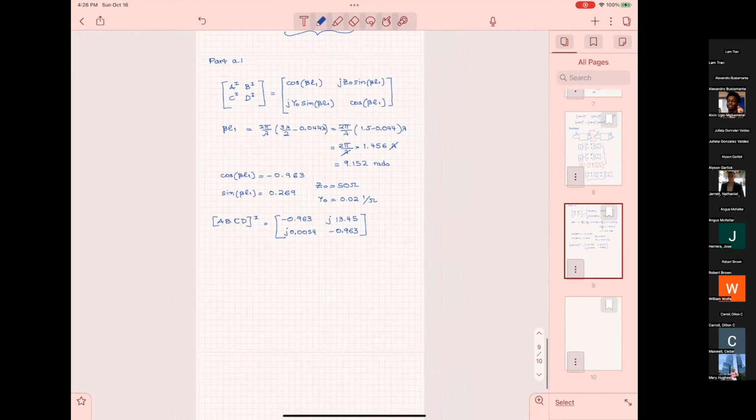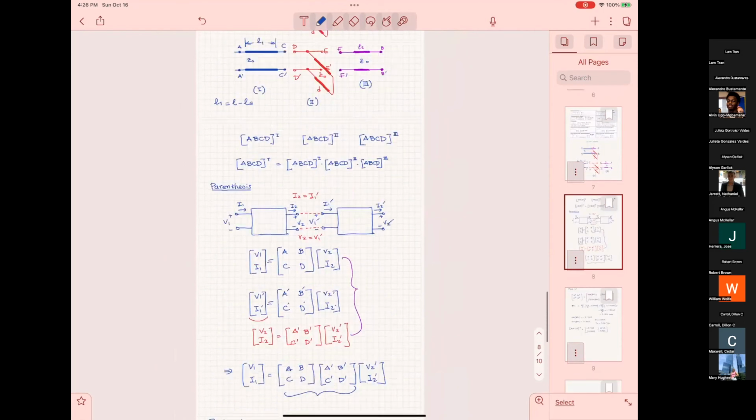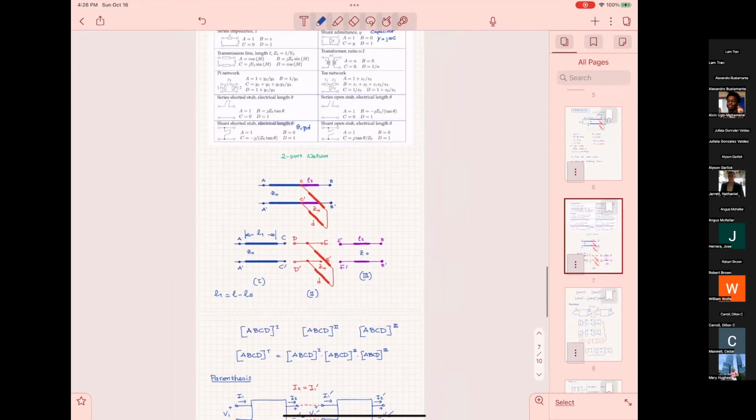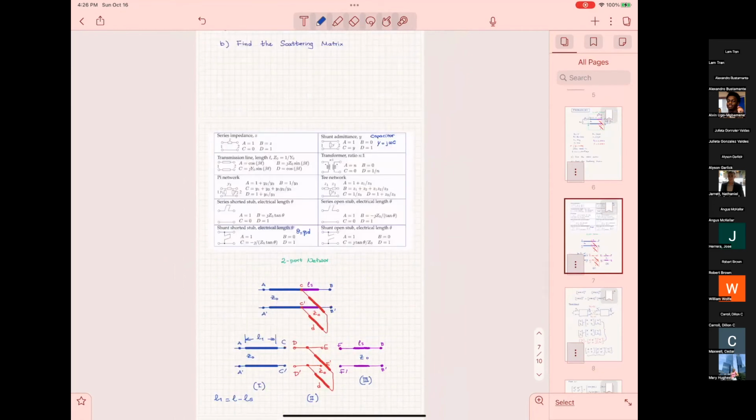Then we go to the table and we find the matrix for a shorted stub, which is here.